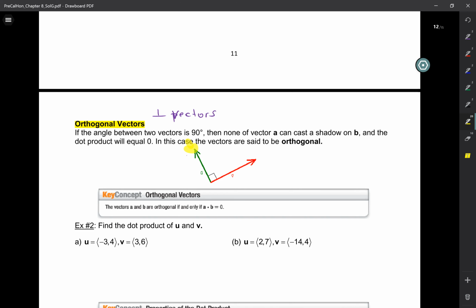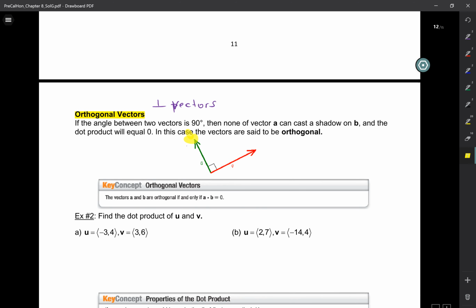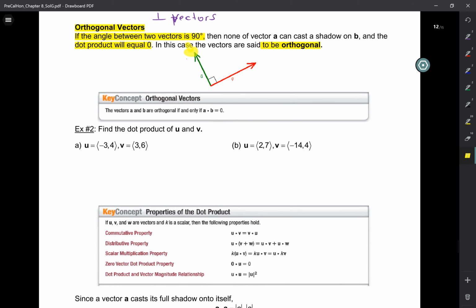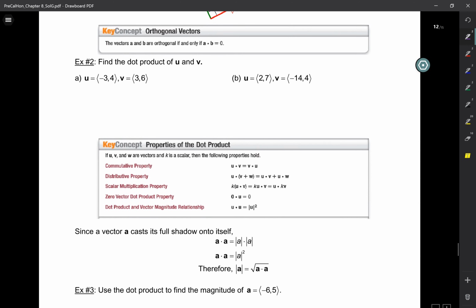If the shadow is 0, then so is the dot product, because the dot product is the shadow times something else. So if the angle between two vectors is 90 degrees, then the vectors are said to be orthogonal because the dot product will equal 0. Okay? So orthogonal vectors, dot product 0, it goes in both directions. Okay, so the converse is true and so on. All right, let's find the dot product here.